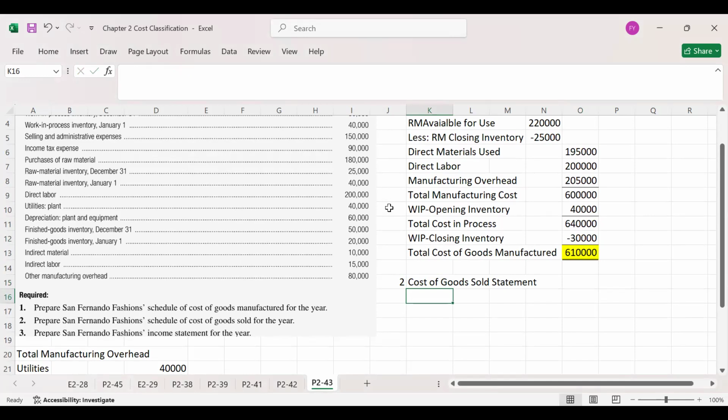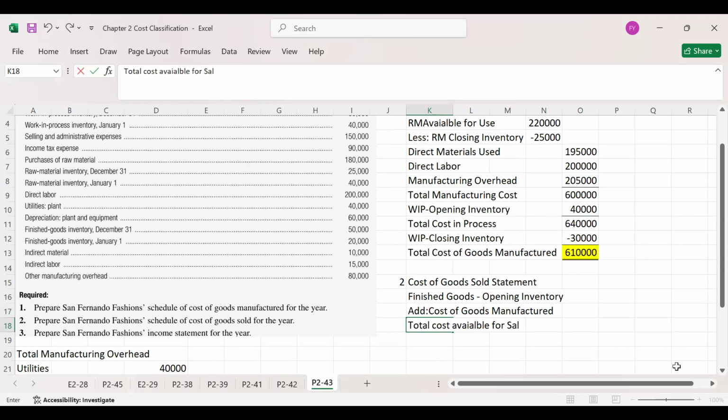So we will start from finished goods opening inventory. Then we add here this total cost of goods manufactured to get total cost available for sale.